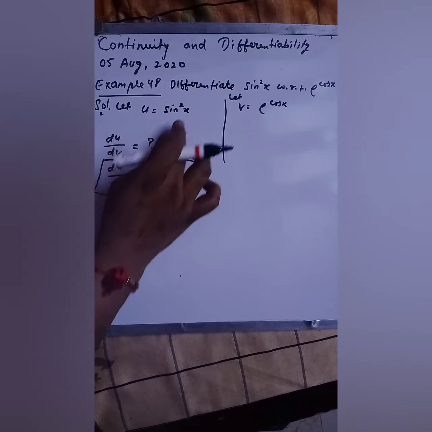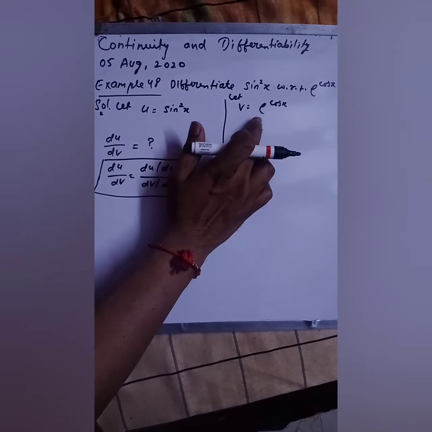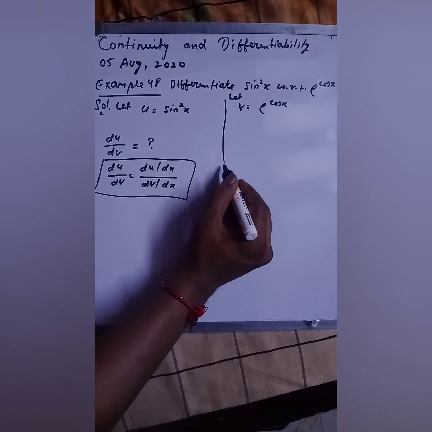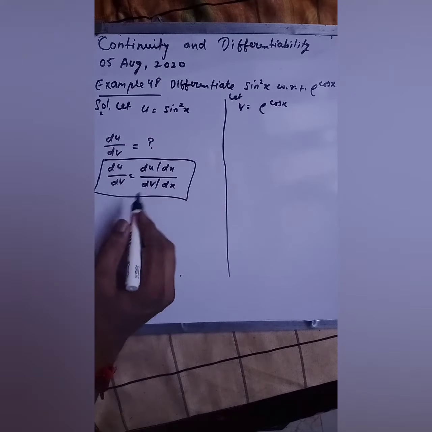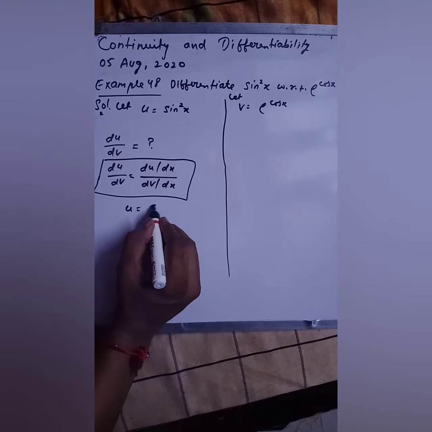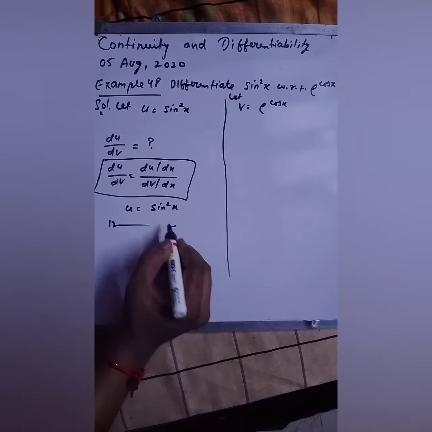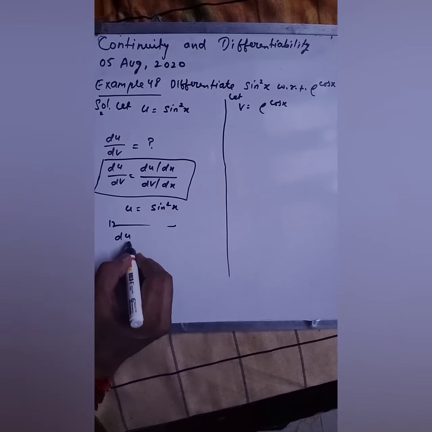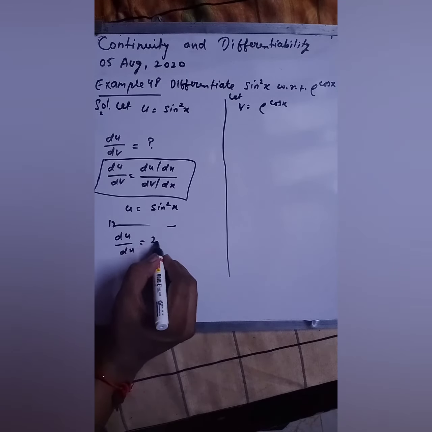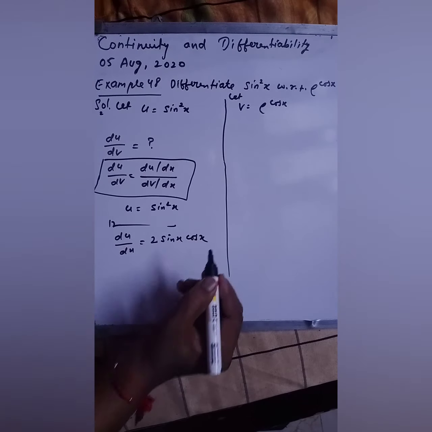If you differentiate this, you will get du by dx, and if you differentiate this one, you will get dv by dx. So I am copying this: u equals sine square x. Differentiating again with respect to x, you will get du by dx equals 2 sine x, and the derivative of sine x will be cos x.